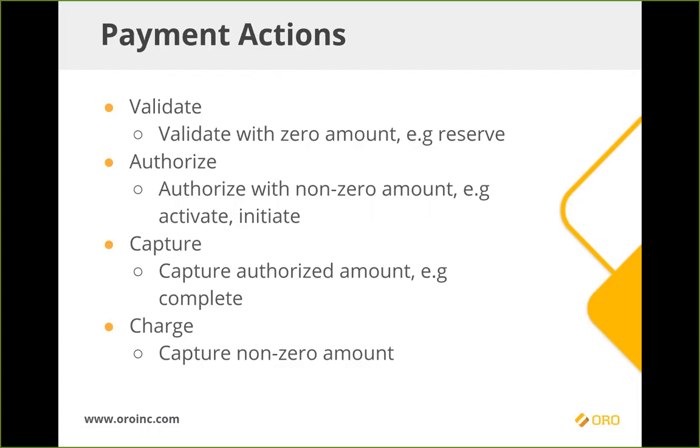And sometimes it can be used as an activation or to initiate a transaction in order to start charging money for the customer. And we have capture, capturing the authorized amount. It means completing the authorized amount, or we can charge. Basically, it's capturing a non-zero amount.